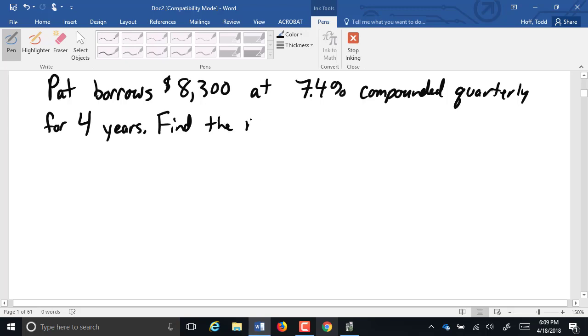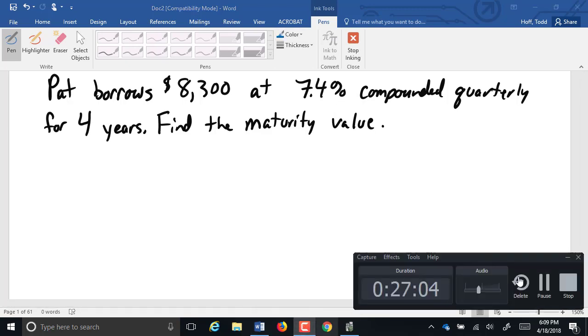Find the maturity value. It is the same, just different numbers. I'll give you a minute to try this one in your notes.